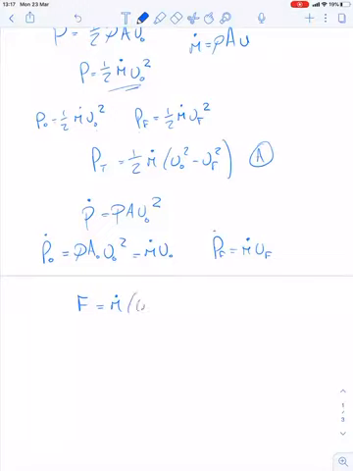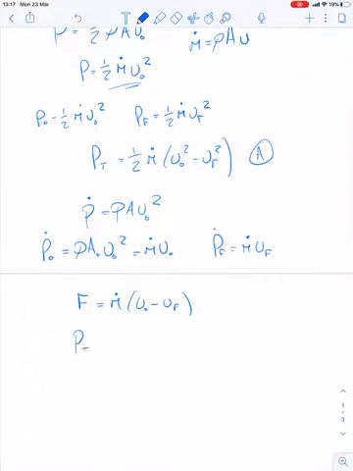So m dot times u0 minus uf is the force on the turbine, and the power that relates to this is the force times velocity. So the power on the turbine from a momentum standpoint is F times uT. This becomes m dot times u0 minus uf, times uT.